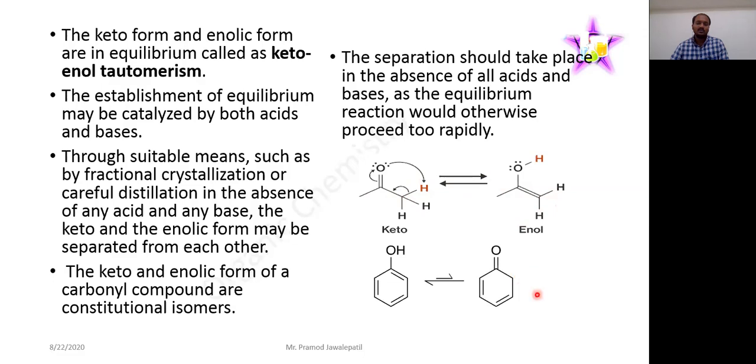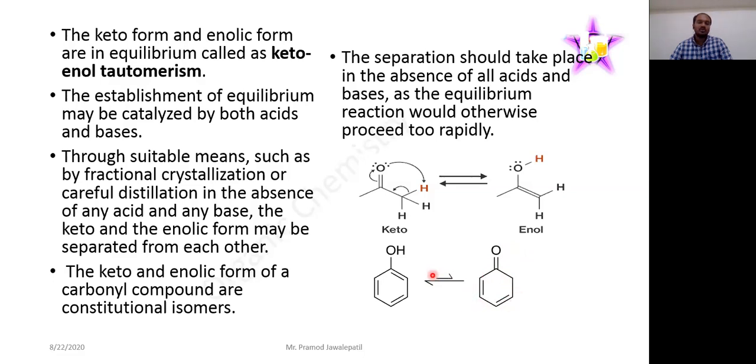In the following example, we have shown a phenol and keto form. Here the phenol form is more stable as compared to the keto form. See in this arrow, the more stable compound is shown by a long tail arrow and the less stable compound by a short tail arrow.